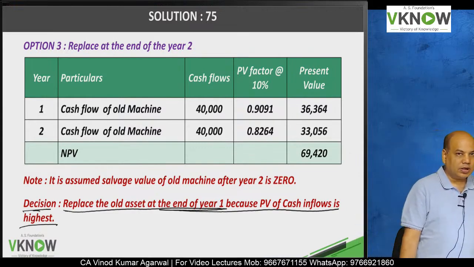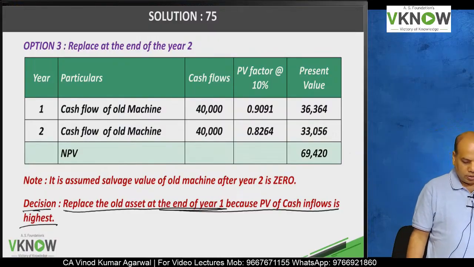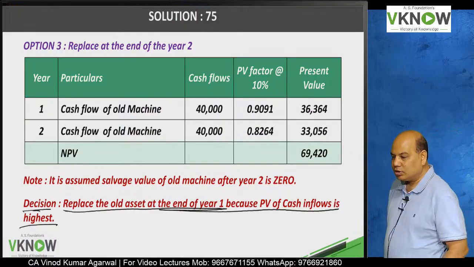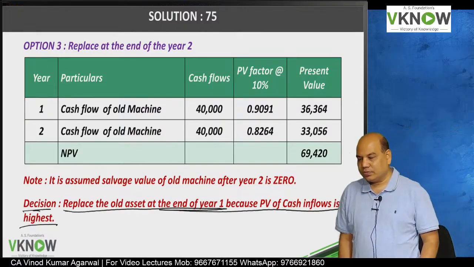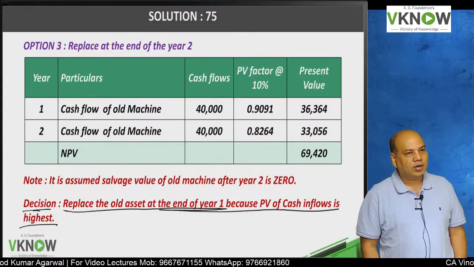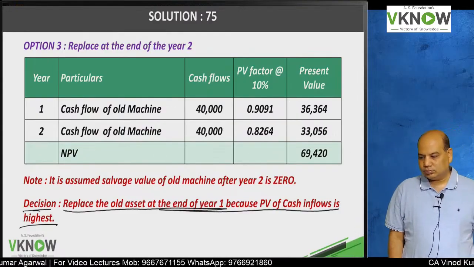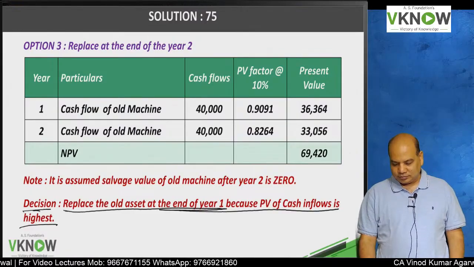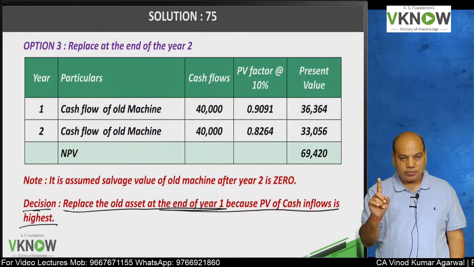Replace the old asset at the end of year 1 because PV of cash inflows is highest. And write one assumption.